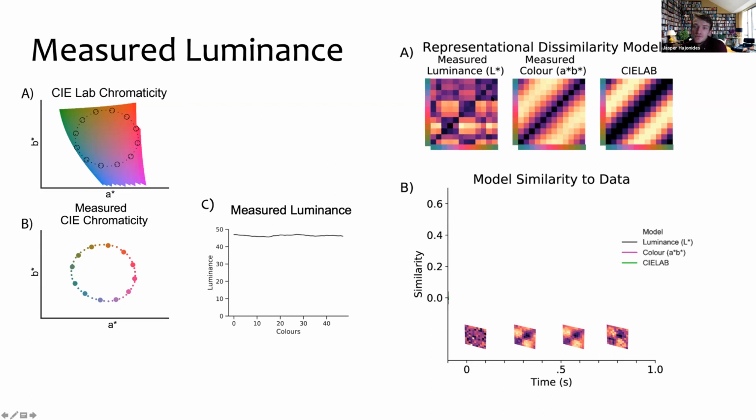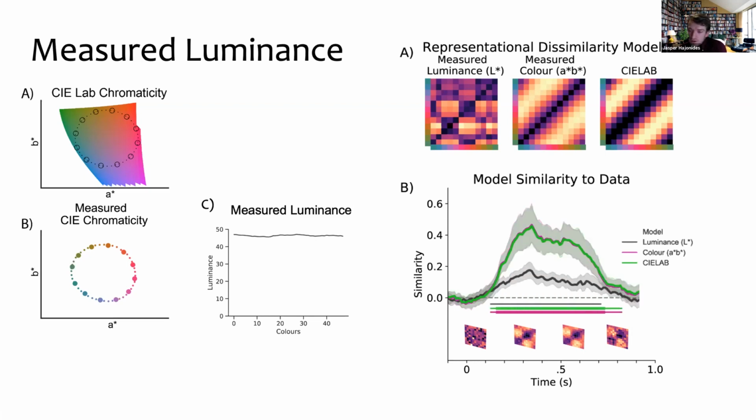So we want to see how much this pattern is present in the data, and we compared this with the measured colors, so the similarity of the measured colors, here expressed as Euclidean distance between the different colors, and we compared this with the model that we used in our previous analyses. And we actually found that we could reliably decode the luminance of the different colors, but with much lower confidence than the actual color properties.